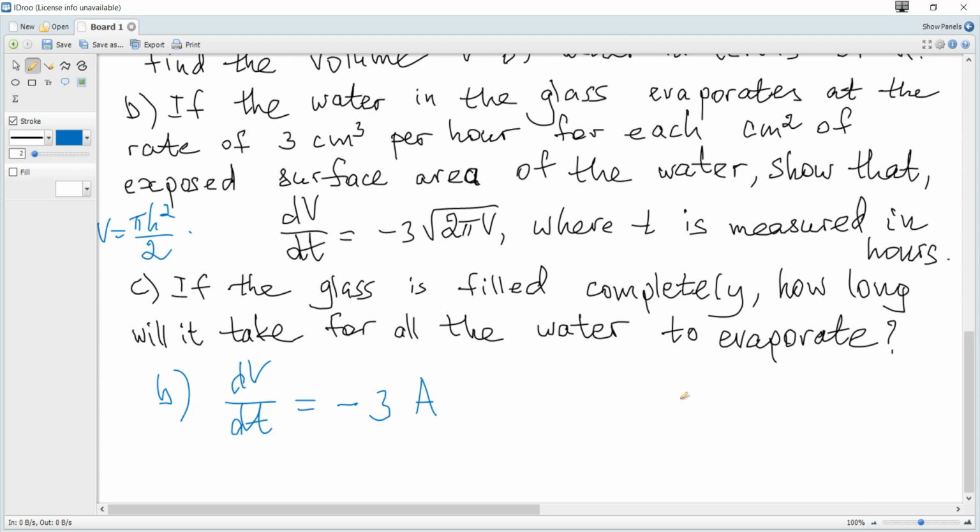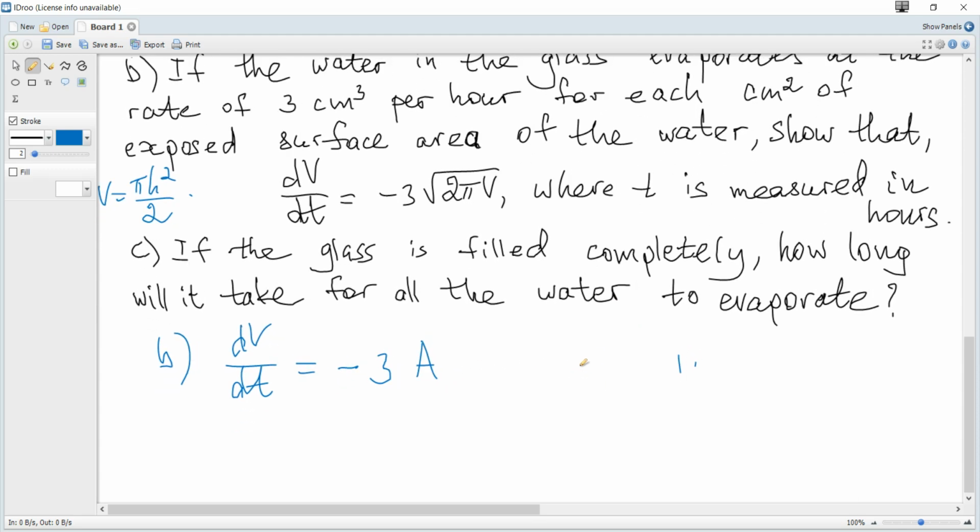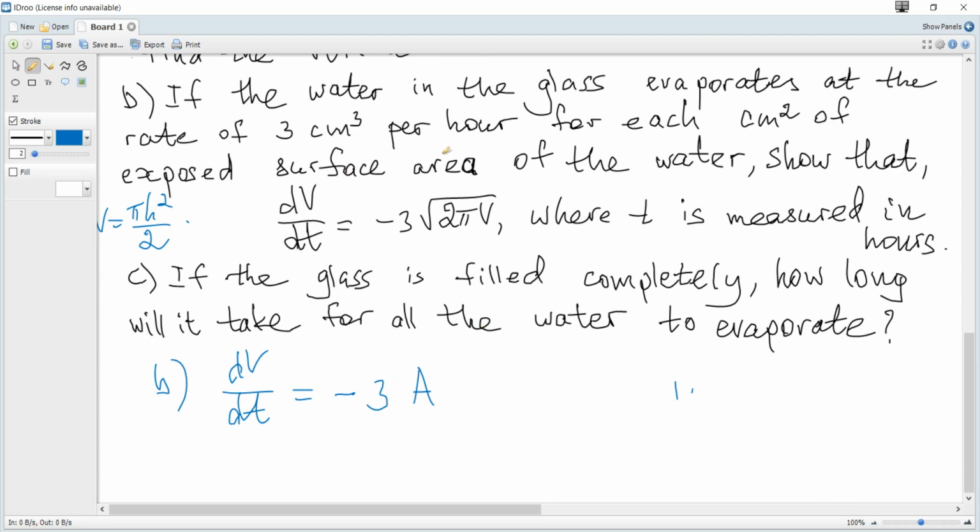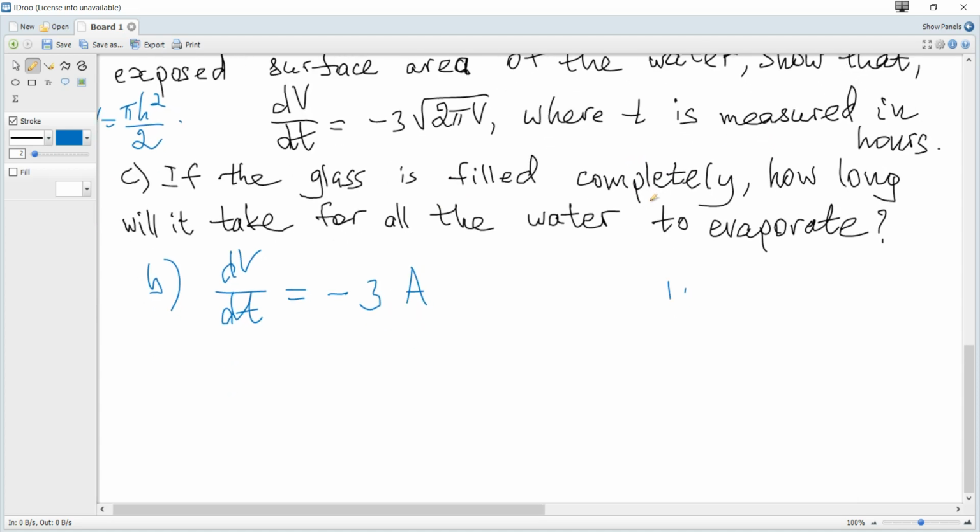For example, if surface area is 10, 3 per each centimeter squared, so the rate of change will be negative 30, something like that. So it looks like this, and is measured in what? Centimeters per hour. So time will be measured in hours, and all lengths are measured in centimeters.